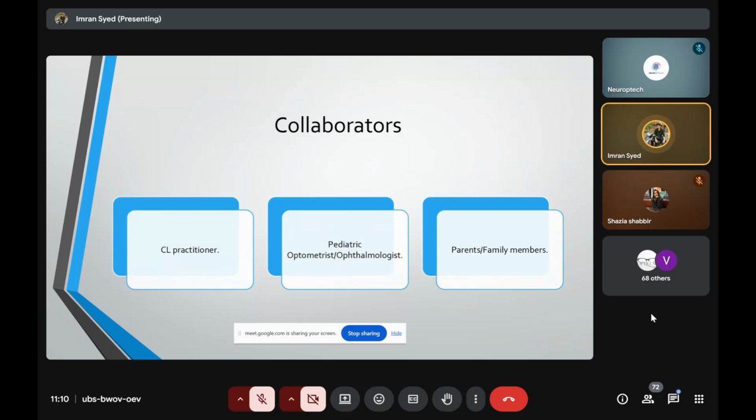You'll get all that information from them. And obviously the parents also should be there, because they need to learn how to insert and remove the lens on their kid, and how to do proper care and regimen. So these are all the members that have to be present in the management of a pediatric contact lens fit. Okay.